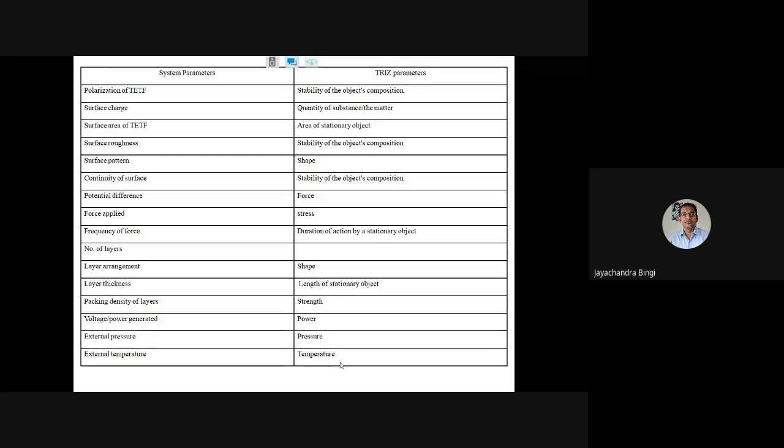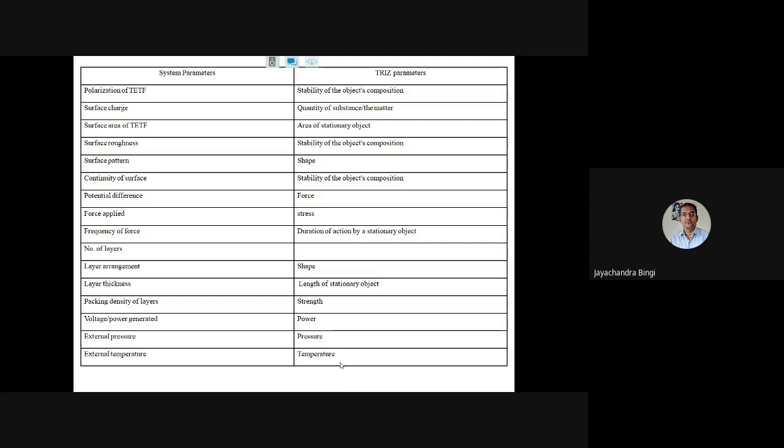In the Altshuller contradiction matrix, there is one column and one row. The column indicates the improving feature. What is your improving feature in all cases? The improving feature should be potential difference.